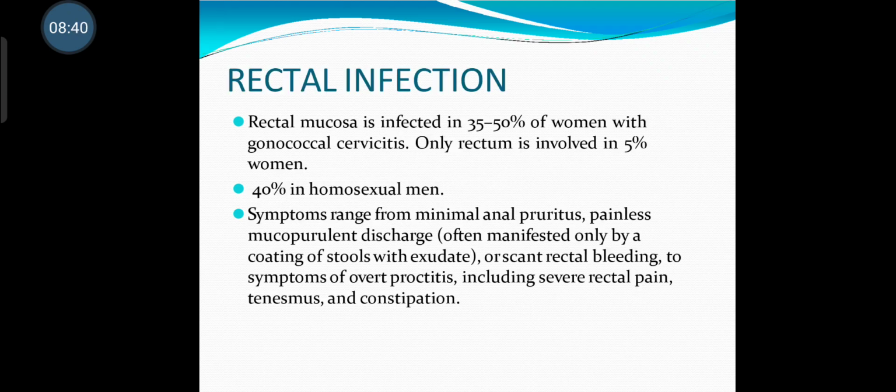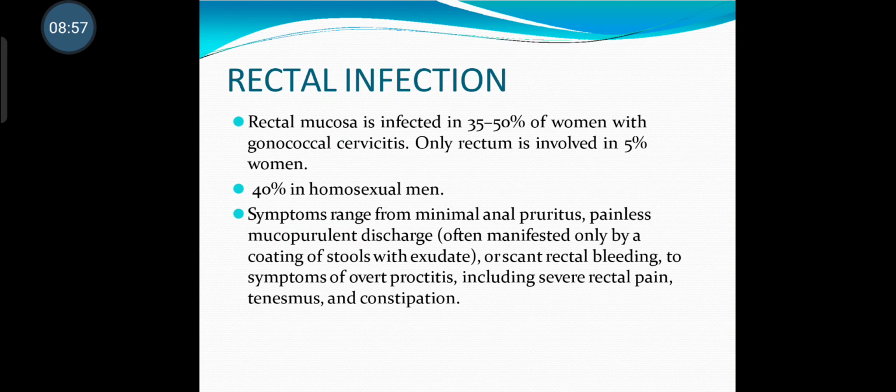Next, rectal infection. Rectal mucosa is infected in 35 to 50% of women with gonococcal cervicitis, that is inflammation of the cervix. Only the rectum is involved in 5% of women, and 40% in homosexual women.